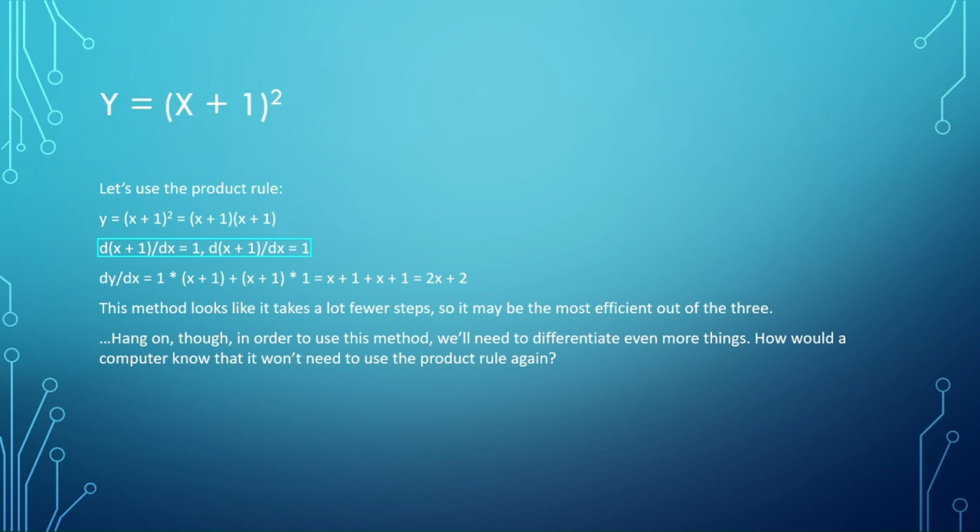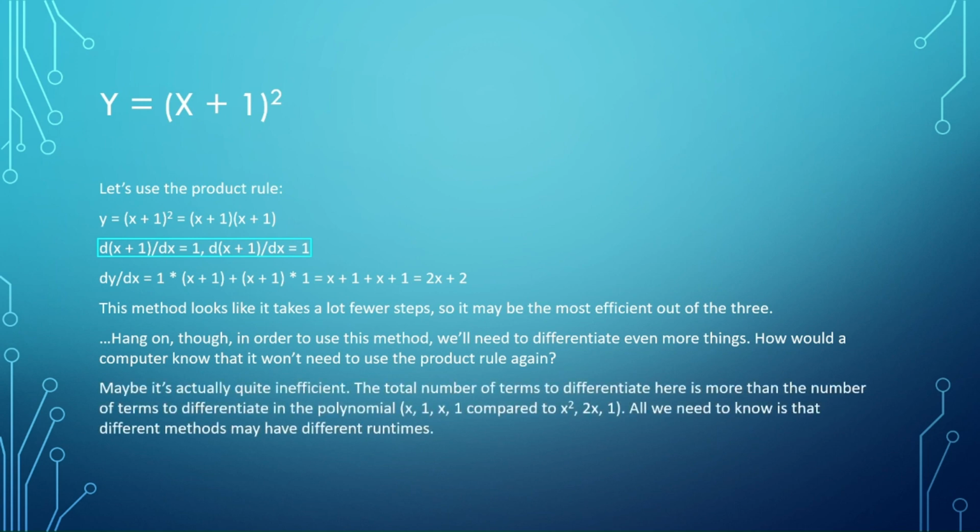Of course, there may be methods of saying which method we want to use with each differentiation, but using the product rule, we'll need to perform more differentiations. So a computer might need to use the product rule repetitively instead of just doing one, let's say, expansion into a polynomial. Maybe the product rule is a bit inefficient.